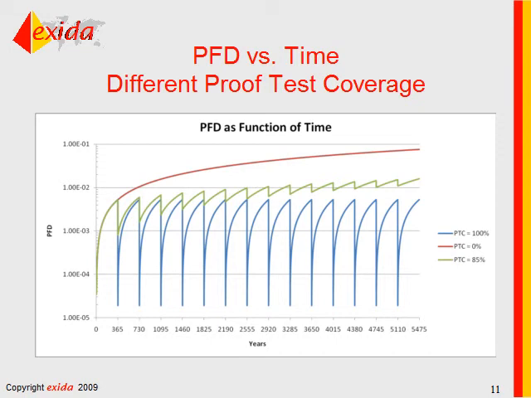That is the increasing line that you see, and then the sawtooth behavior is the portion of the failures that is detected as a function of the proof test. So you basically have a combination of the top and the bottom line, and that's what proof test coverage does to PFD average, to probability of failure on demand as a function of time.